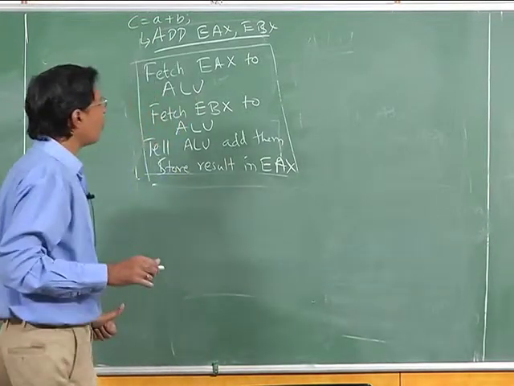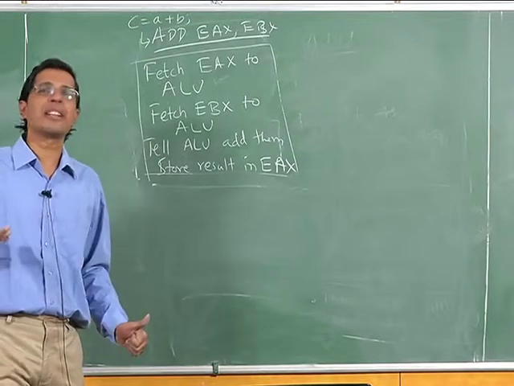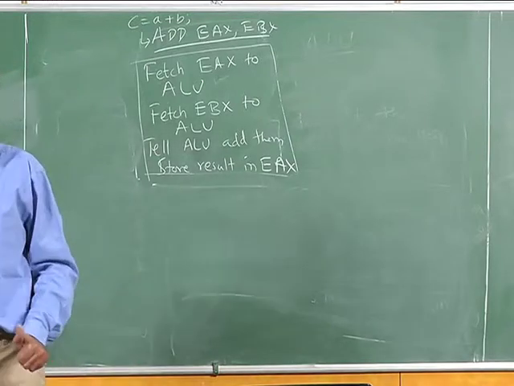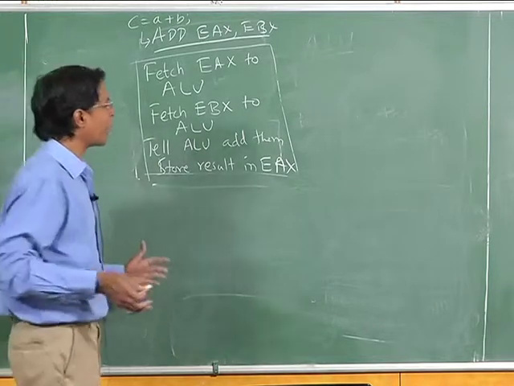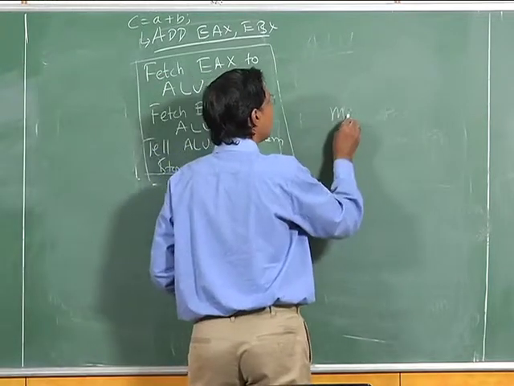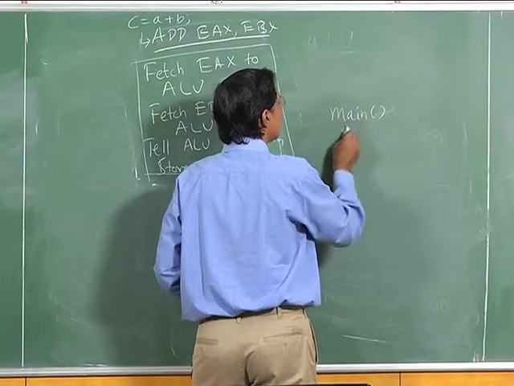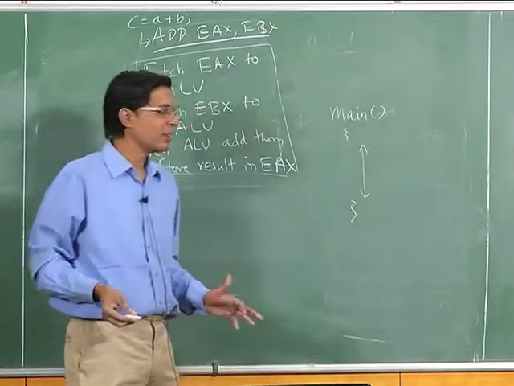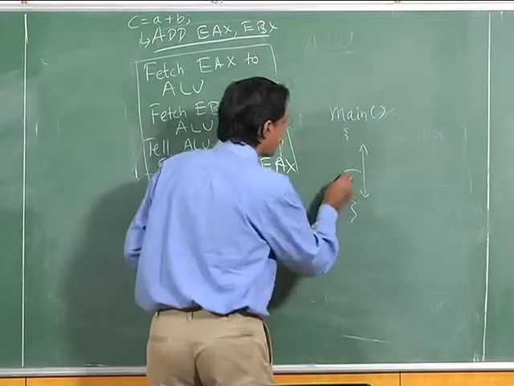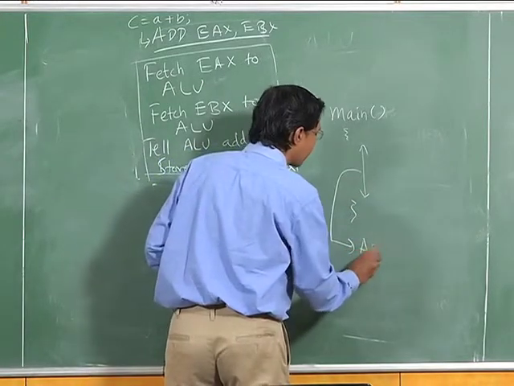Now what is the difference between the first translation and the second translation? In the first translation, the entire program, say I had main, the entire program was compiled and converted into an assembly code.